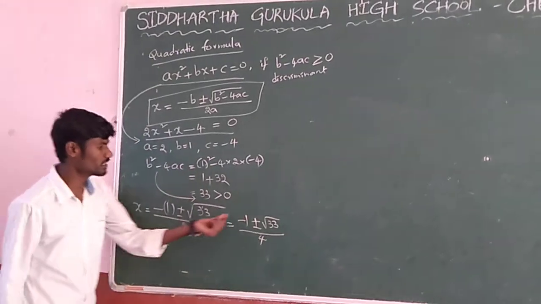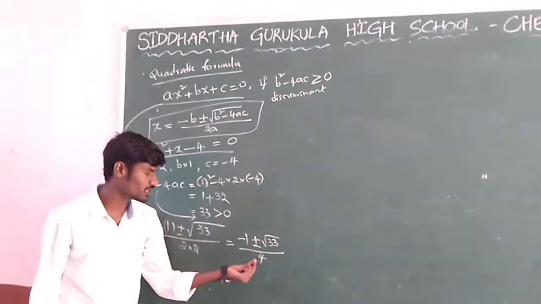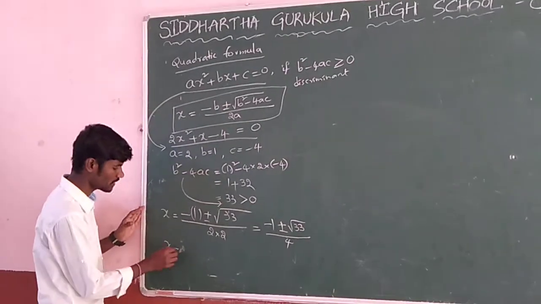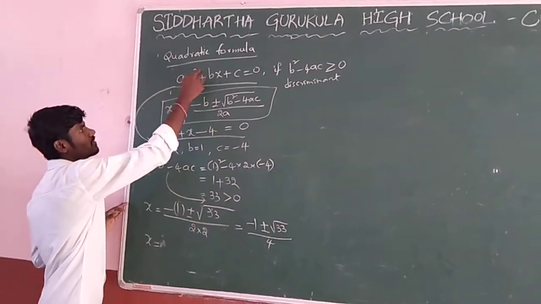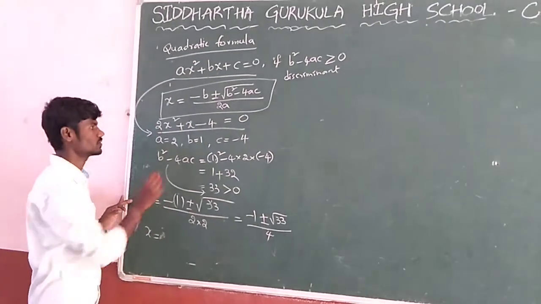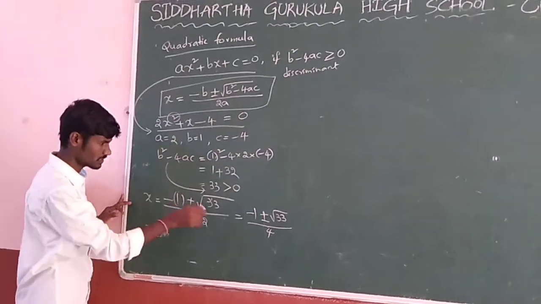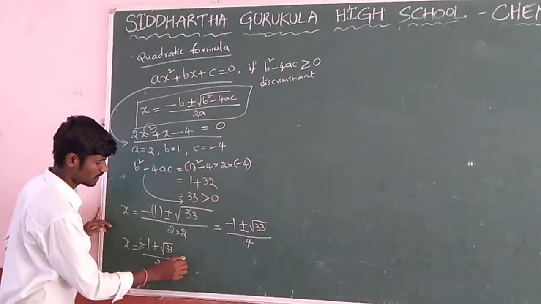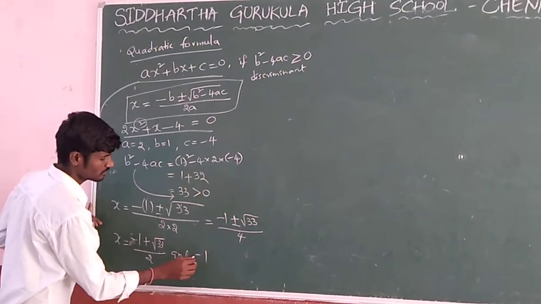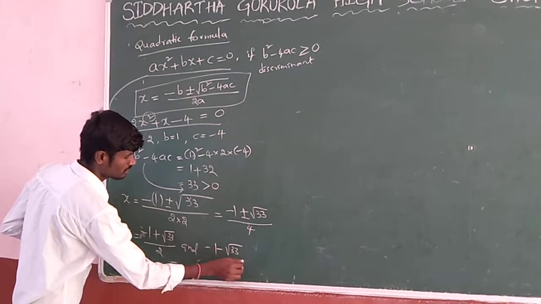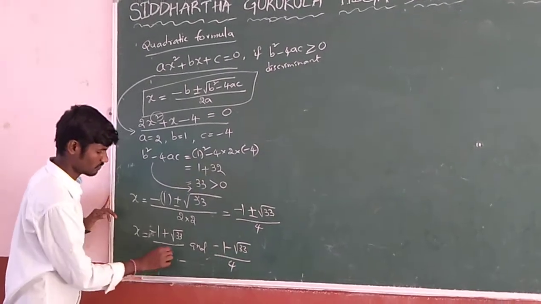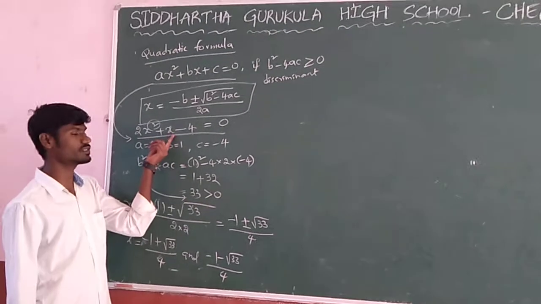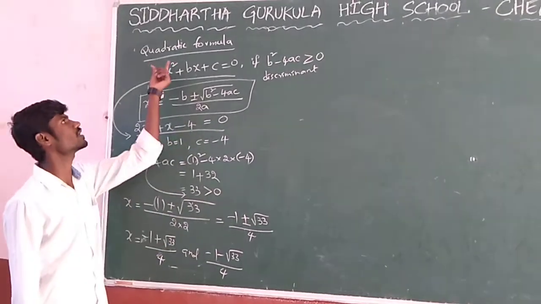So one is the plus value and another is the minus value. Like that we will get 2 roots, because a quadratic equation, based upon its degree, has 2 roots. So x equals minus 1 plus square root 33 by 4, and minus 1 minus square root 33 by 4. These two are the roots of the given quadratic equation by the quadratic formula.